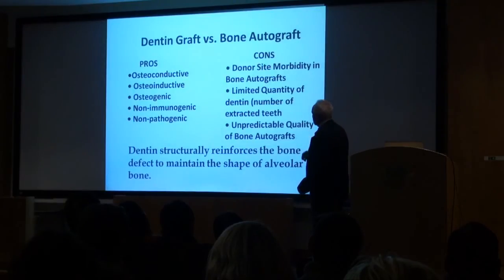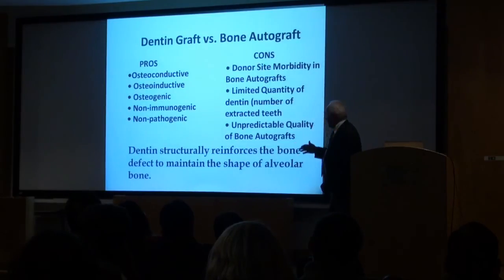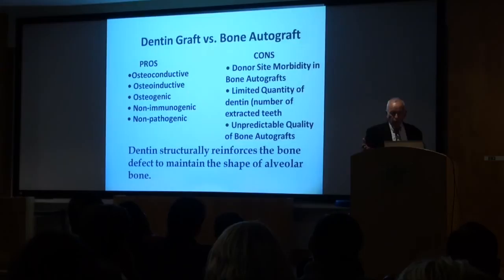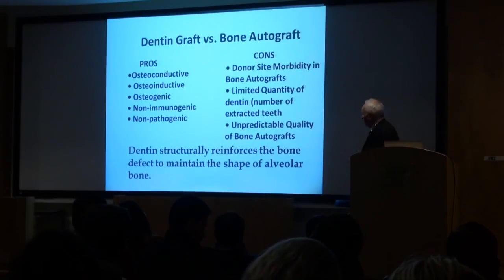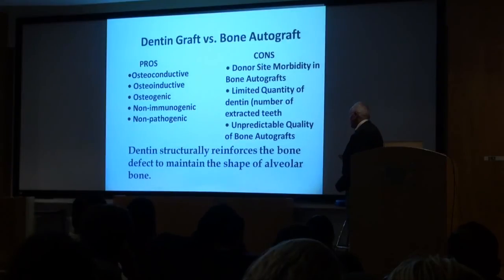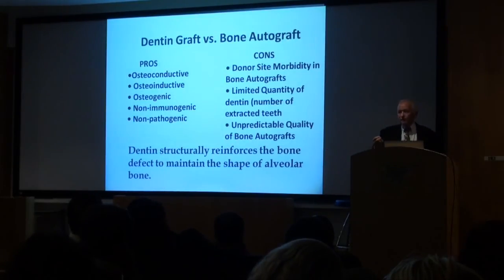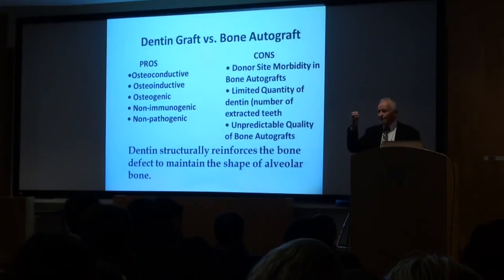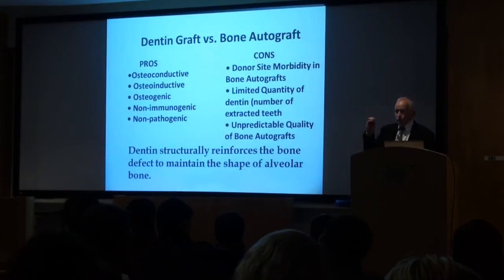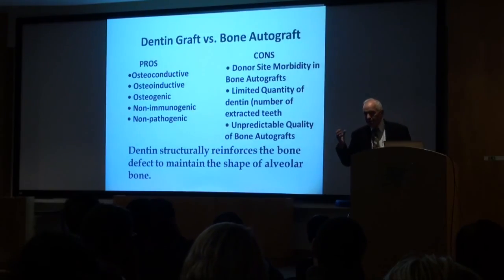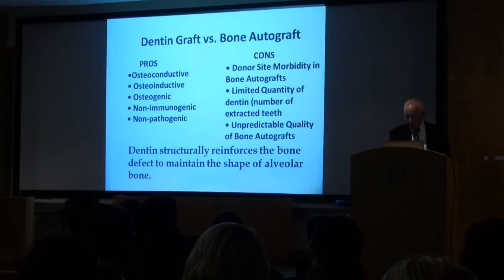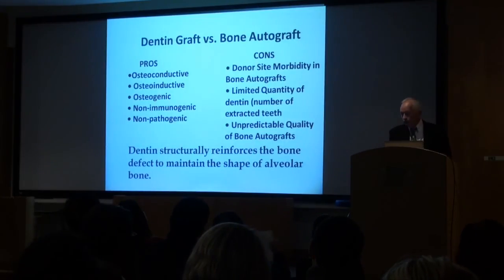Now, of course, autogenous dentin is osteogenic, and what it essentially does is it is a scaffold which is instructing the cells to start to produce bone. So it's a cell-instructive scaffold, which is very important.